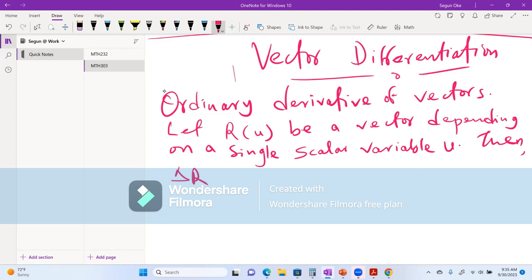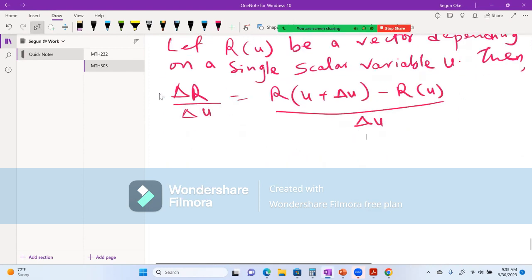Then the change in R over the change in u is the same thing as R of u plus change in u minus R of u, all over the change in u. You remember first principle. So it's more or less like when we have this particular R, let's say we have R in this way.